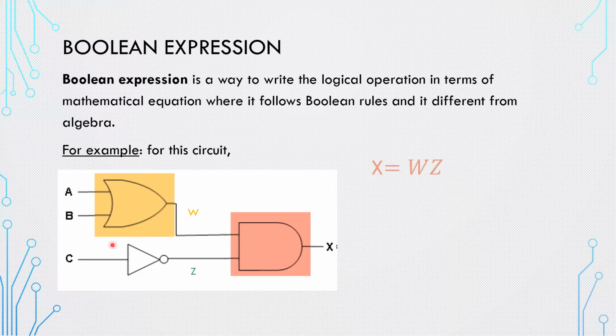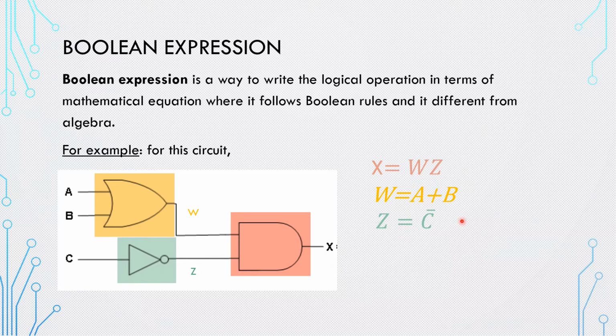Here I have an OR, so this is the symbol of OR, and it has the inputs A and B and its output is W. The relation for OR is A or B. While for NOT, it has a relation with only one input, which is C, and this is the output, so the output is written as C dash. This is what we learned last time for each logic gate, how to write the Boolean expression.